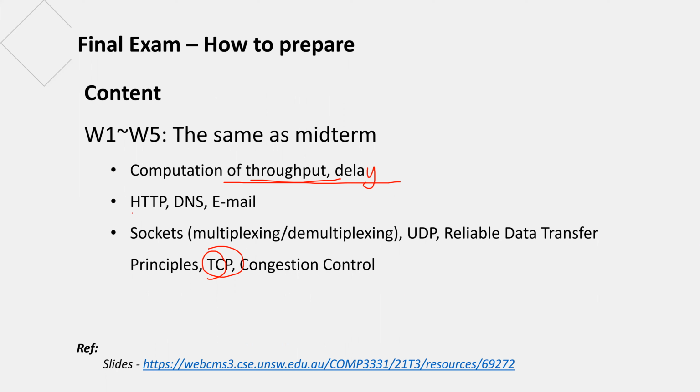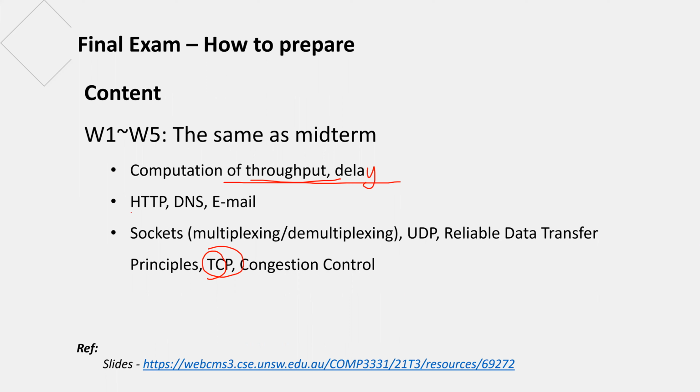And of course, HTTP and DNS. For HTTP, they may ask you about the status code or something about the header. So just understand all the concepts about the request and response of HTTP.